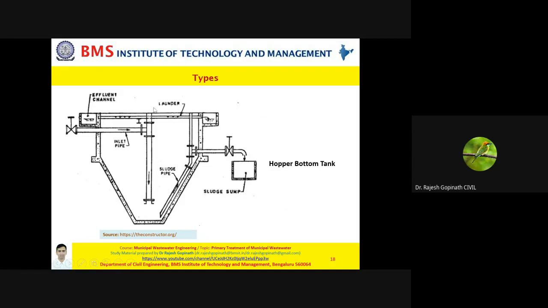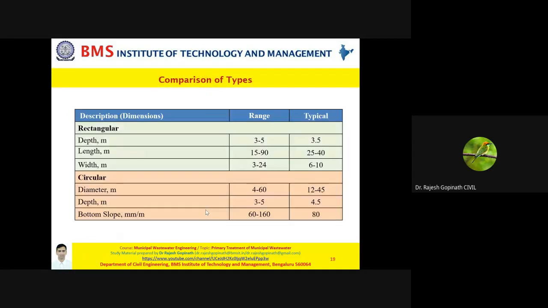That is, the wastewater freely falls down and then rises, and this is facilitated by a deflector box. Eventually all these three types of tanks have four zones: inlet zone, outlet zone, sludge zone, and settling zone. So this is a simple comparison of your rectangular tank and your sedimentation tank.